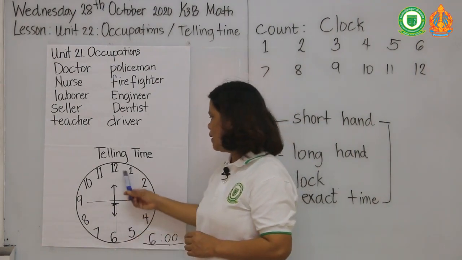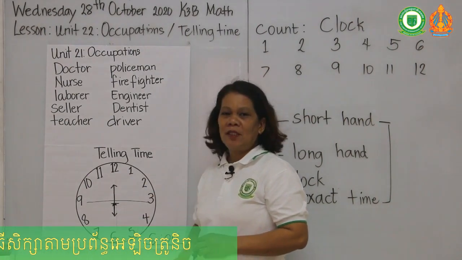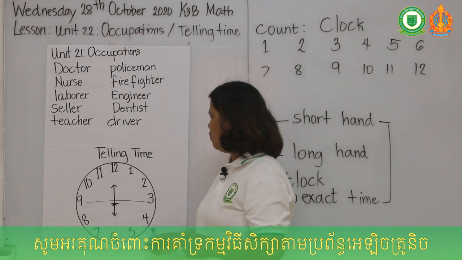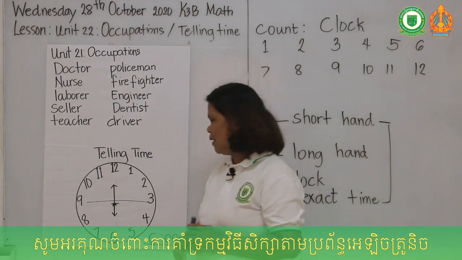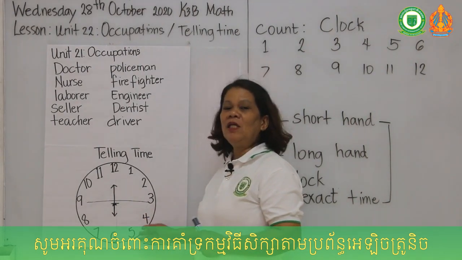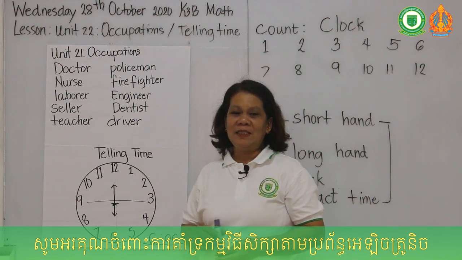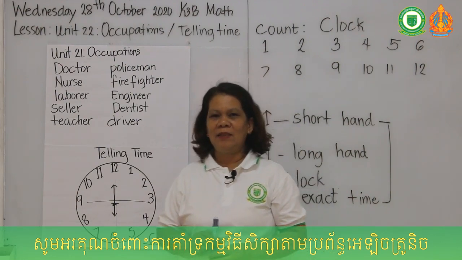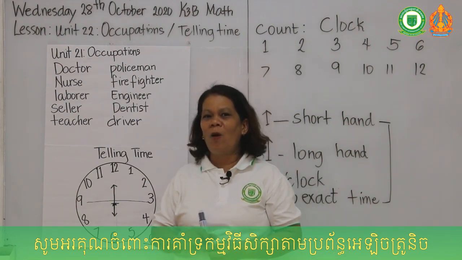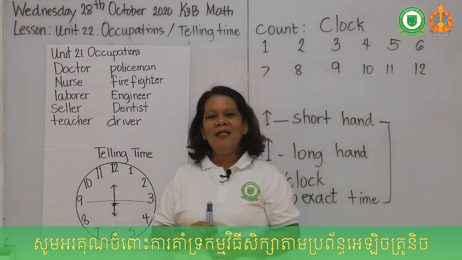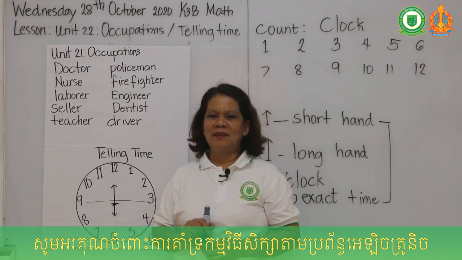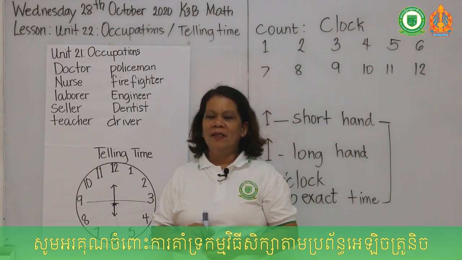It should be arranged this way. I will give you at least 7 minutes to draw a big clock in your notebook, and after that please send it to me and I will check if it's correct or wrong.